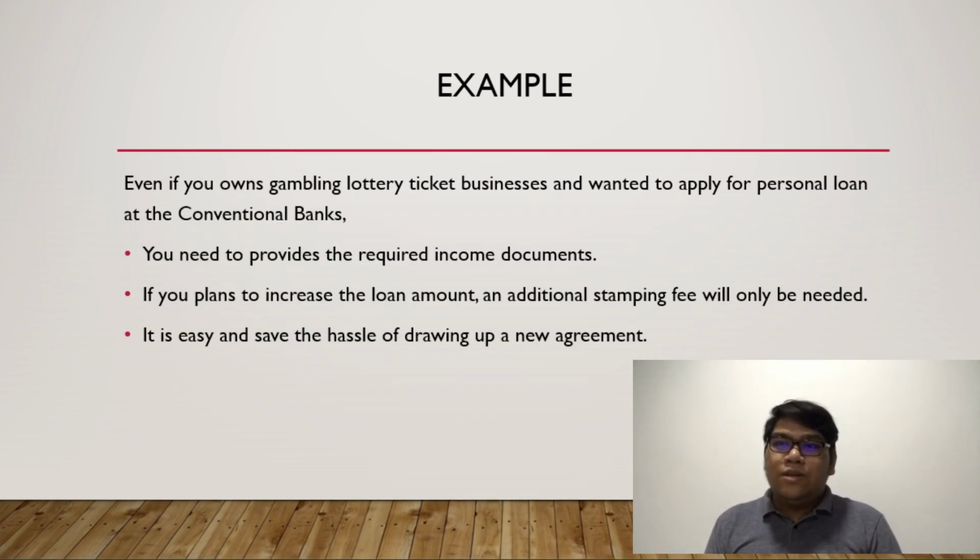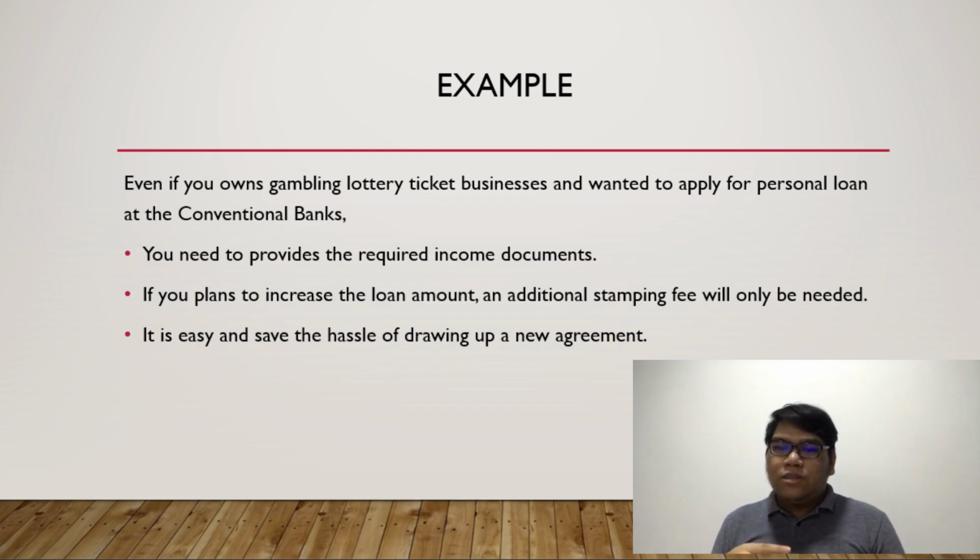To conclude this video, I will give an easy example to show you how the conventional loan works, so that people will choose the conventional loan rather than the Islamic loan. If you own a legal gambling lottery ticket business and want to apply for a personal loan, you can apply for a conventional loan as long as you provide the required income documents.